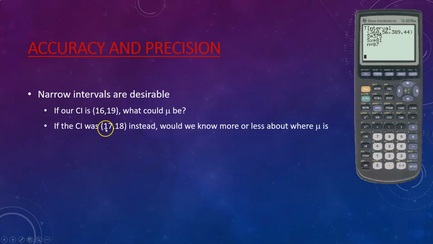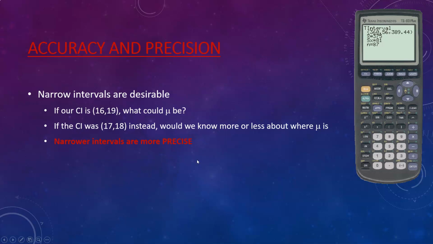If instead we had an interval that was 17 to 18, we would have a much more specific handle on where the mean is than with a wider interval. So we want narrow intervals.